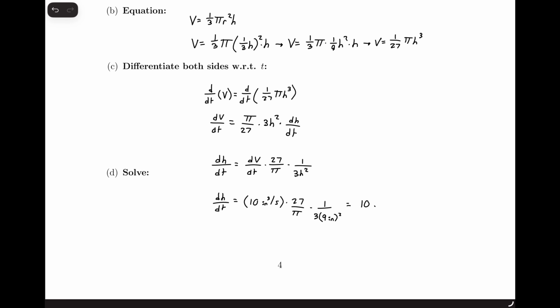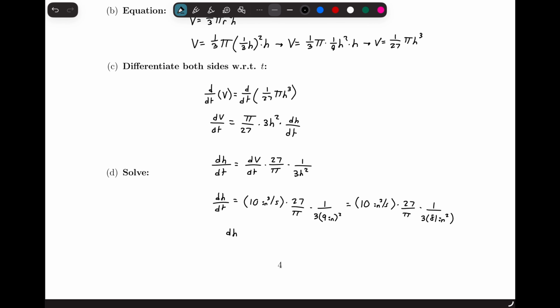All right, so 10 inches cubed per second times 27 over pi times 1 over, sorry, 3 times 81 inches squared. Okay, instead of just multiplying out all these big numbers, I have 27 divided by 3. That's 9, so I would have 9 over 81, which is just equal to 1 over 9.